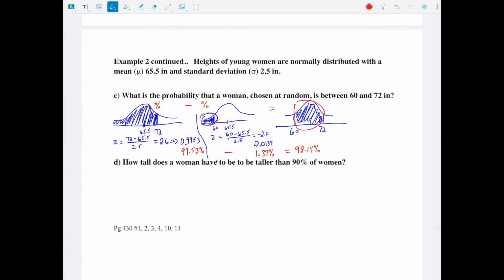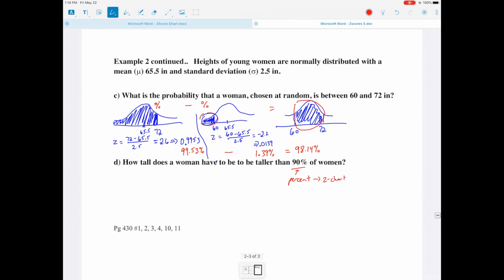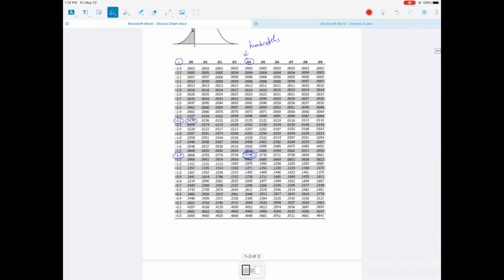How tall does a woman have to be taller than 90% of women? So some female has a goal of being taller than 90% of women. So here we're given the percent. Okay, so on our Z-score chart, our Z chart, what we're going to do is find the 90%.